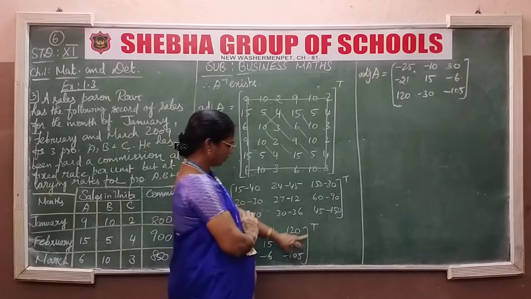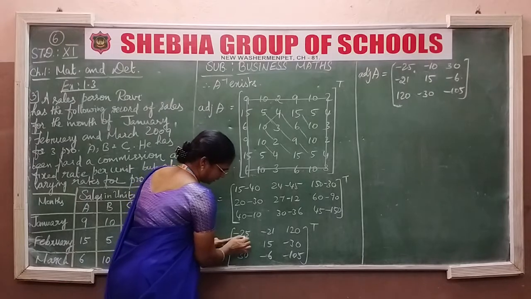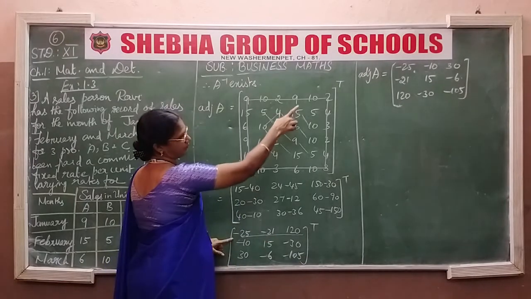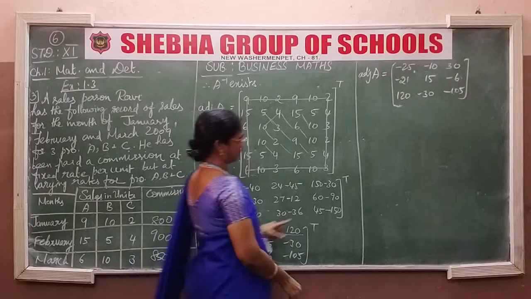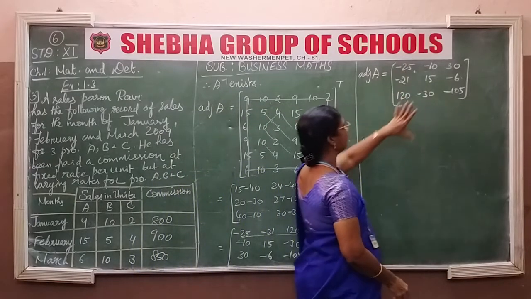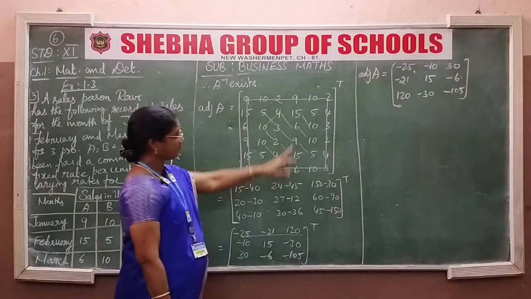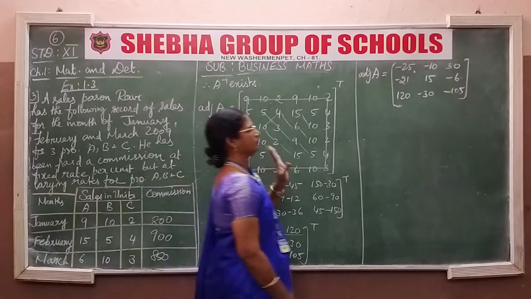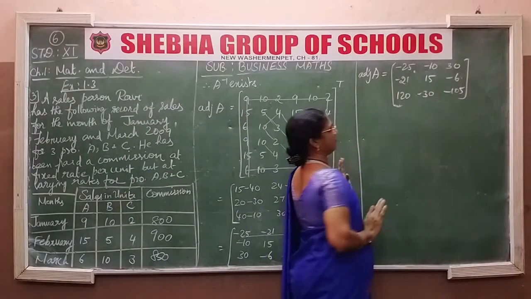The next, transposing means this row becomes column. First row minus 25, minus 21, 120 becomes our first column, second row becomes second column, third row becomes third column. Okay, this is our adjoint of A.